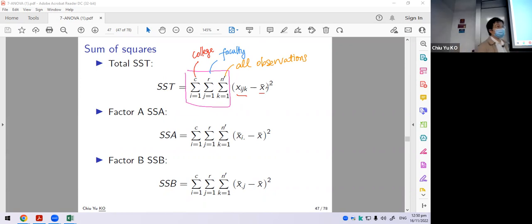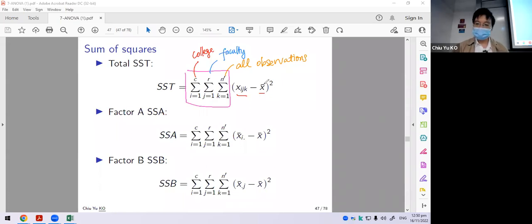So this is what you would calculate if you try to calculate the variance. Divided by n minus 1, it will be the numerator of the variance if you really don't care about the grouping. If you calculate the sample variance of this data, this is the numerator of that, if you forget the groupings. So later we'll have MST, that will be the method we're looking at, right?